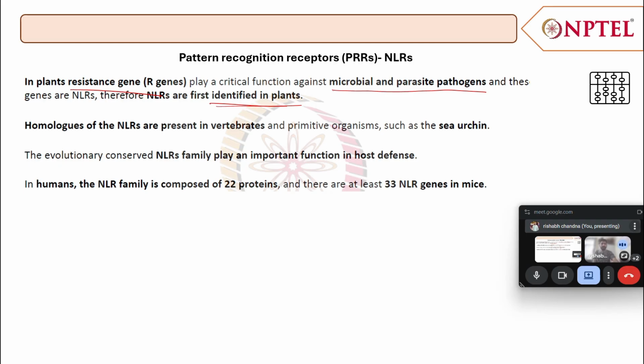Now they are termed NLRs. Homologs of the NLRs are present in vertebrates and primitive organisms such as sea urchins, and the evolutionarily conserved NLR family plays an important role in host defense. So they have a primary role in the host defense, that means in the immune system.